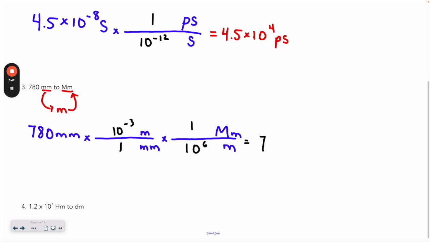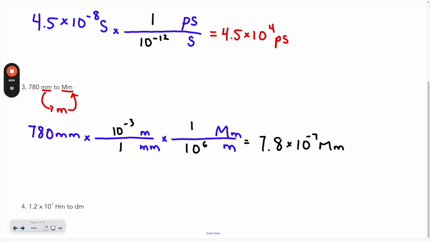Don't feel that you have to do it in your head. 780 in your calculator times 10 to the negative 3rd divided by 10 to the 6th, and you get 7.8 times 10 to the negative 7th megameters.